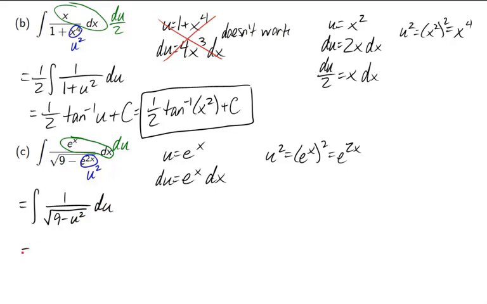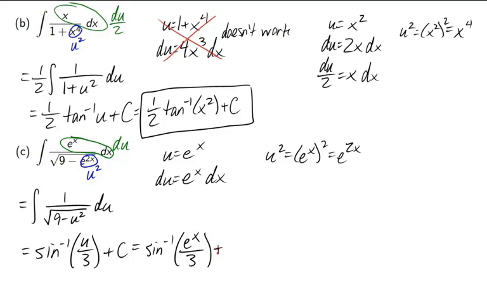We recognize that, or should, as the inverse sine function. This is the inverse sine of u over 3, because a squared is 9, that means a is 3. Plus c. And back substituting, I get the inverse sine of e to the x over 3 plus c.